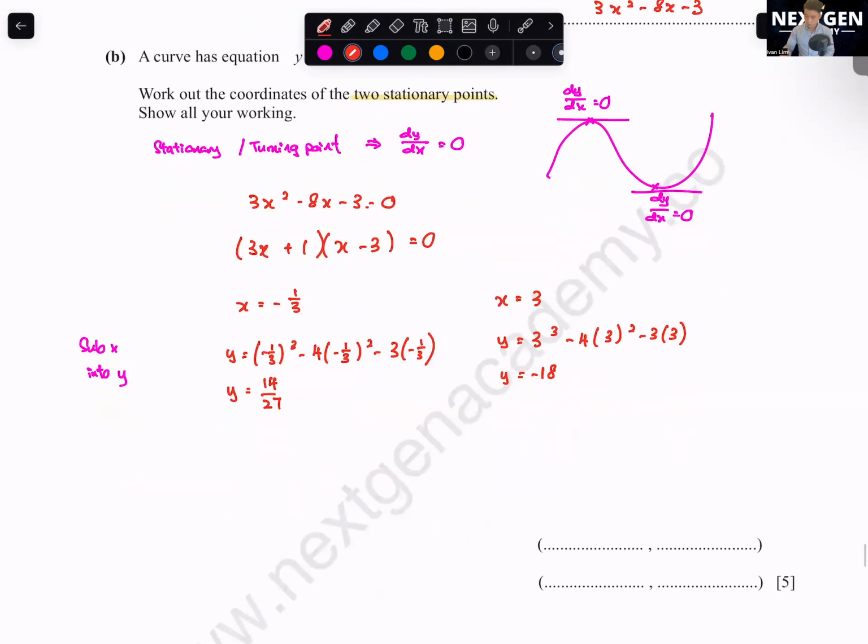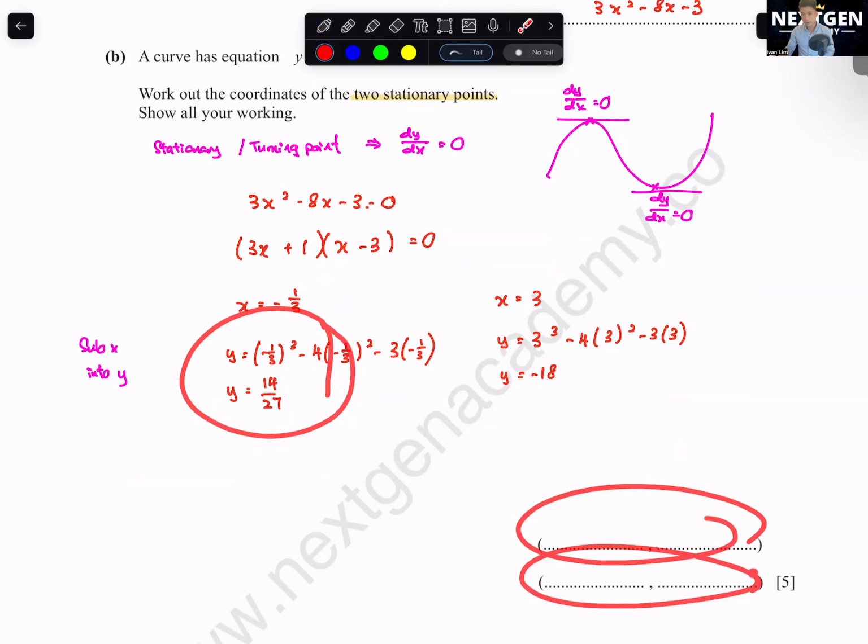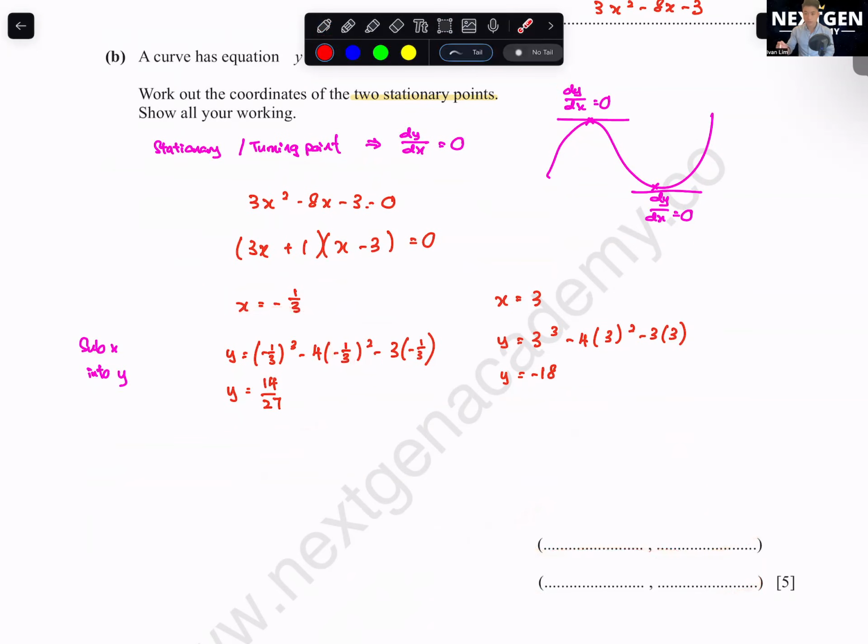When they ask you to put in points, remember it's like that. This is point form. Point means bracket x comma y bracket. So your answer will be (3, negative 18) and (negative 1 over 3, 14 over 27).